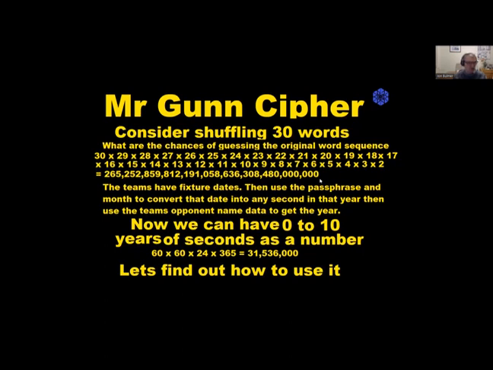So we've got these teams and we've got fixtures in the teams, which we'll go into a little bit later. We've got a passphrase that we talked about if you watch the other video of how that is set up, the month that will convert the lists. And then we use these in the seconds to create a unique number. That unique number is 60 seconds times 60 minutes times 24 hours times 365.